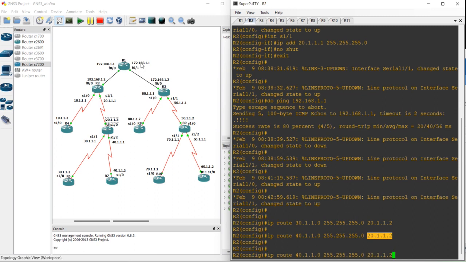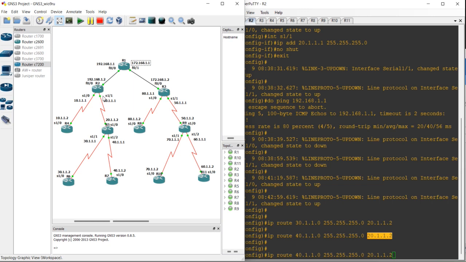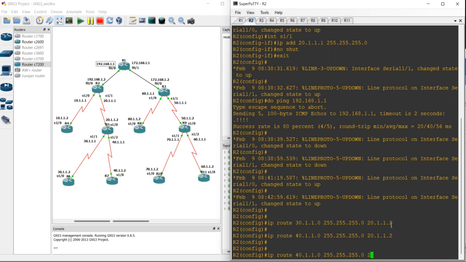Now for the 172 network, from router 2 we need to use exit IP 192.168.1.1. This is your next exit IP. So the exit IP is 192.168.1.1 and the network address is 172.168.1.0.